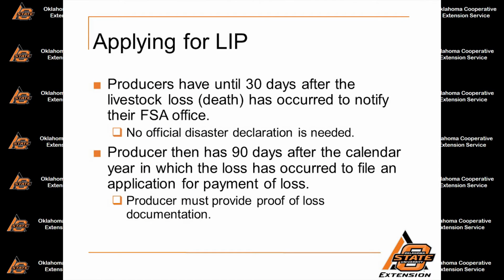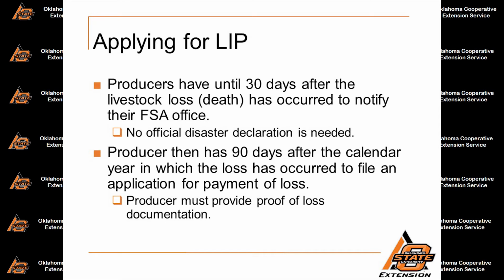First of all, you have 30 days from the time that the incident occurs and the animals have died. So from the time the animals died, you have 30 days to go into your local FSA office. No official disaster declaration needs to be made. All that needs to happen is that those animals have passed away.